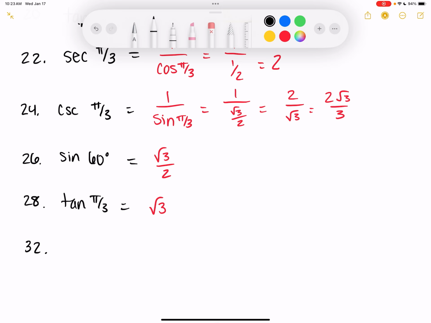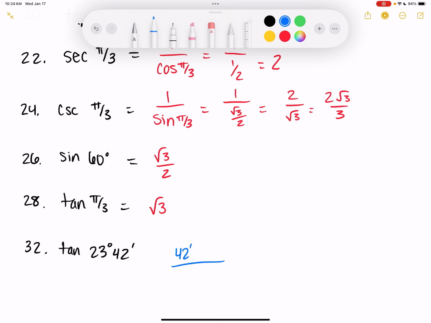So something like 32, see if y'all can figure what we need to do with this one. Tangent of 23 degrees, 42 minutes. Conversion. Okay, how are we going to do that? Convert minutes to degrees. Okay, what's my conversion for that? Is it just the number over 60?